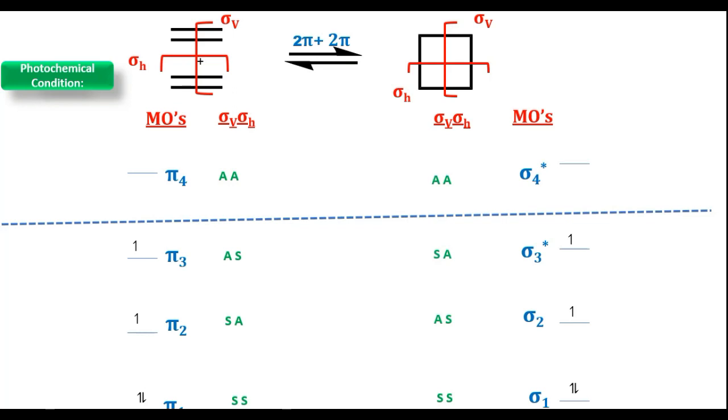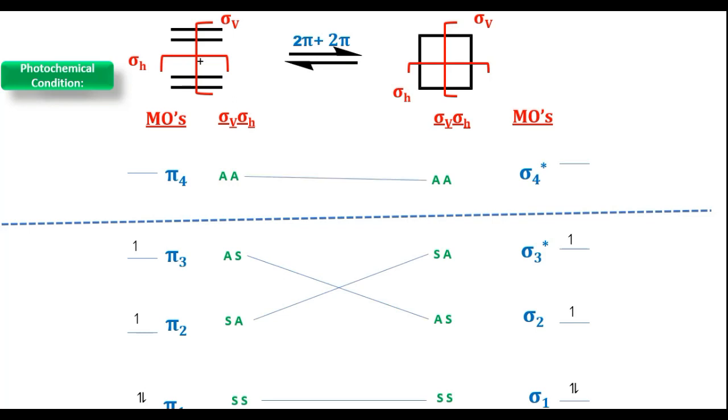you draw a line which differentiates low energy molecular orbitals from high energy molecular orbitals, that means molecular orbitals with electrons and molecular orbitals without electrons. Now correlate the molecular orbitals which have the same symmetry: symmetry with symmetry, asymmetry with asymmetry.